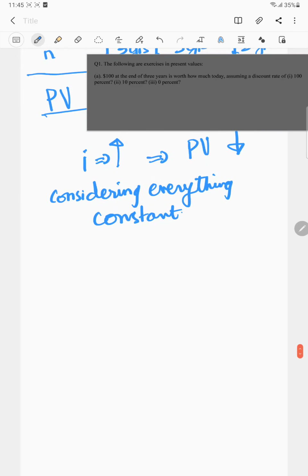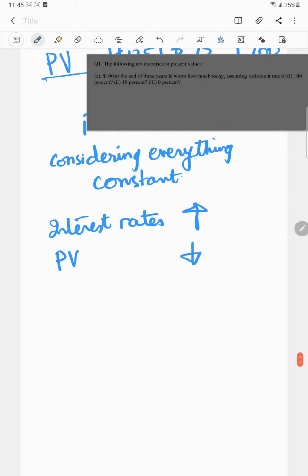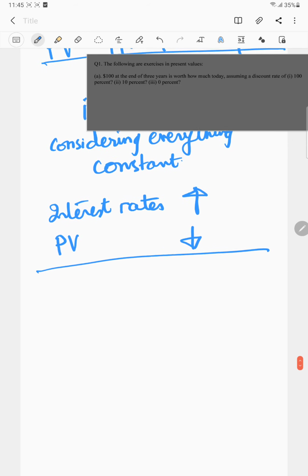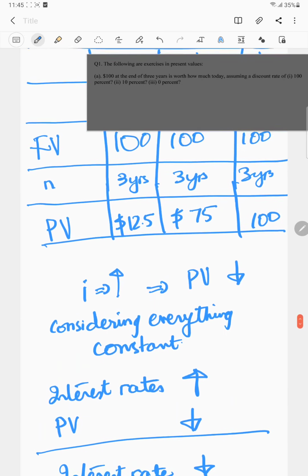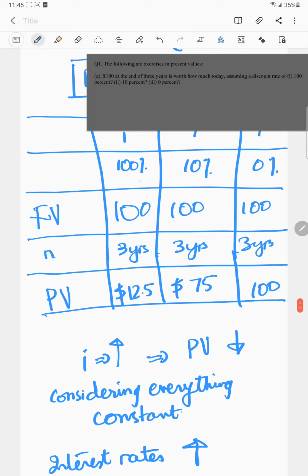If my interest rate goes up, then my present value will go down, or vice versa: if my interest rate goes down, my present value will go up.